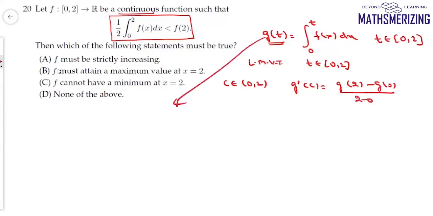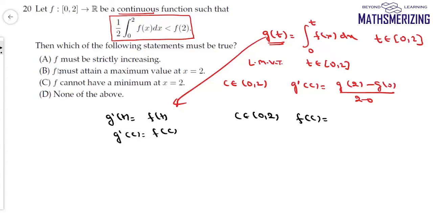Now if I differentiate this function, I can write g dash t as simply f t. So that means g dash c will be f c. So it simply means there exists a point c in this open interval 0, 2 such that this f c is equal to g 2 minus g 0 upon 2. And what's g 2? G 2 is this integral from 0 to 2 f x dx, and what is g 0?